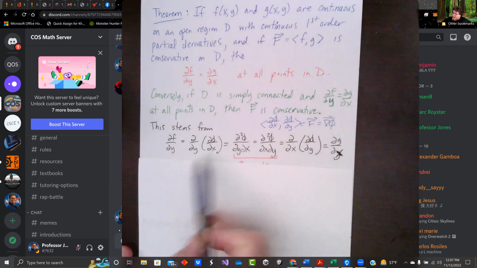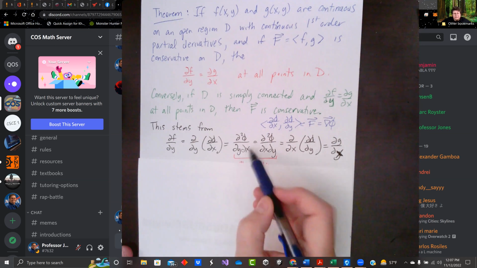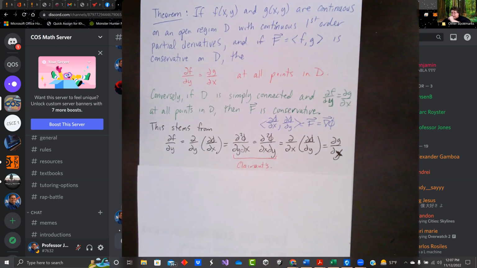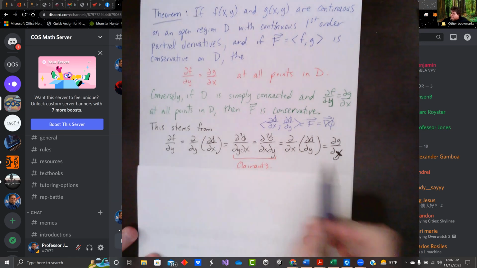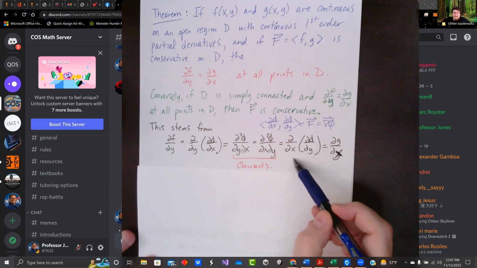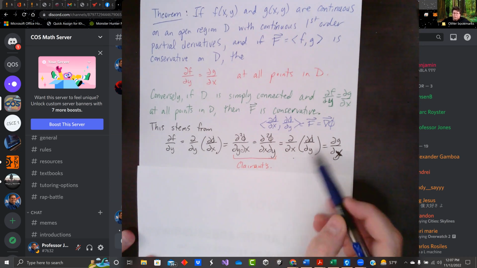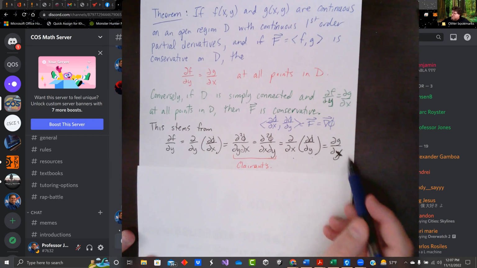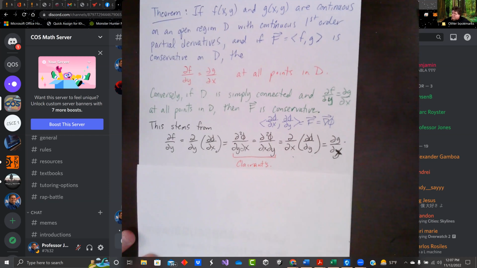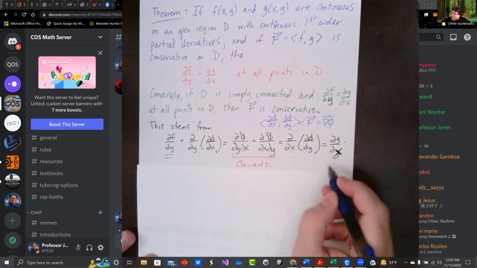So we've got d dy of d phi dx. This gets us d squared phi over dy dx. Using Clairaut's theorem, we can switch around the dx dy, separate this back out, and we've got the partial with respect to x of the partial with respect to y of phi. This is just the partial with respect to x of g. So we've shown that df dy equals dg dx.